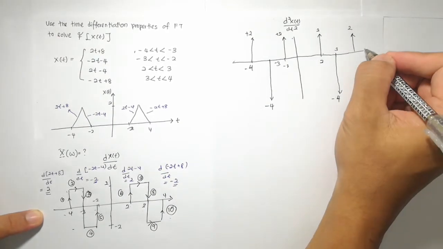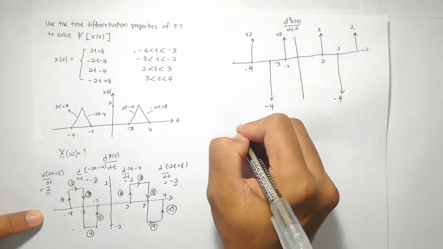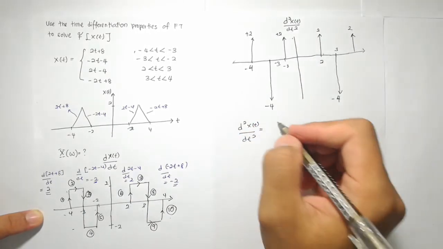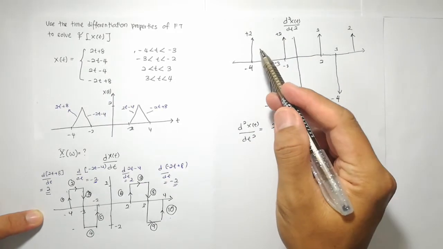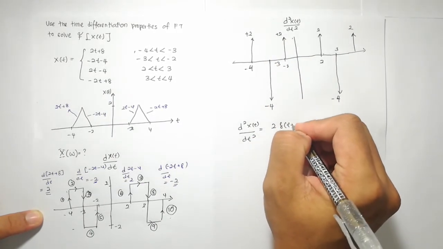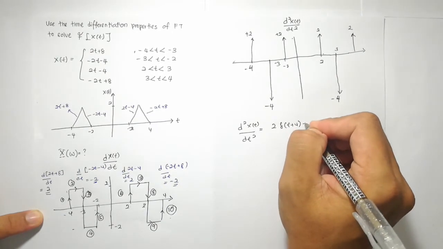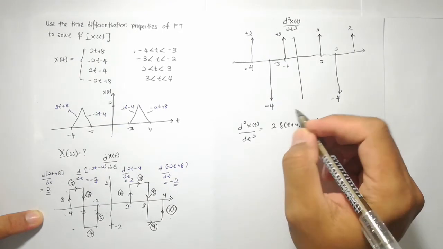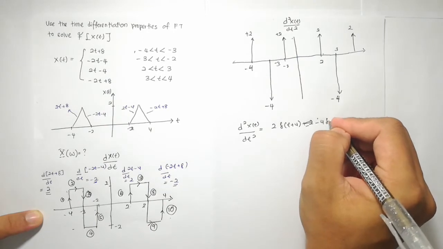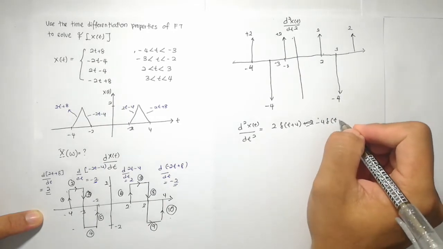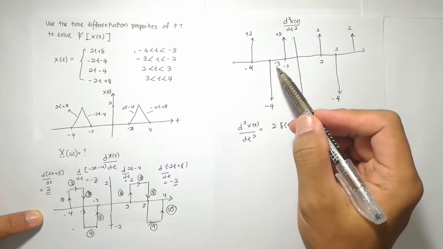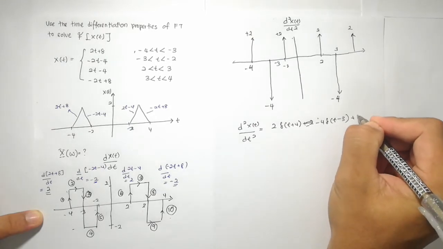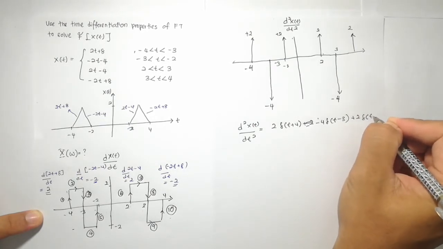Now that we have the delta functions, we can write d squared x(t) over dt squared equal to 2 delta(t plus 4), and then minus 4 delta(t plus 3), because this one is at t equals negative 3, and then plus 2 delta(t plus 2).